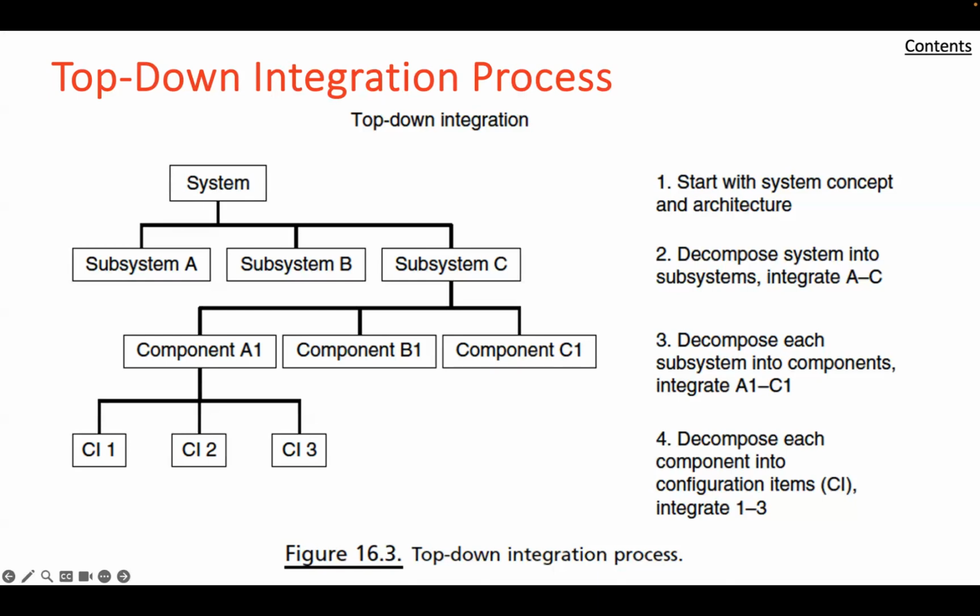However, this approach will require numerous stubs to be built until the last level of system detail is developed. This approach will require the system architecture to be followed, as the integration test and exit criteria will need to be developed as the project continues.